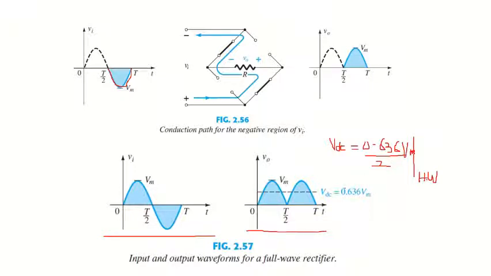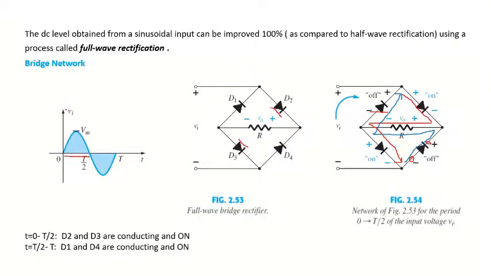So we are getting a higher DC average value because of this full wave rectifier, and this is also called a bridge network.